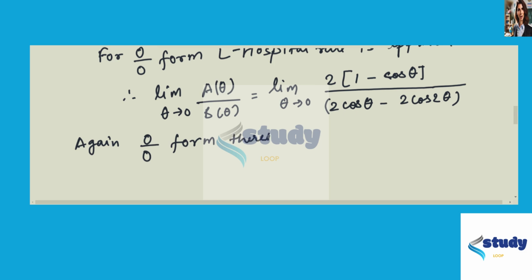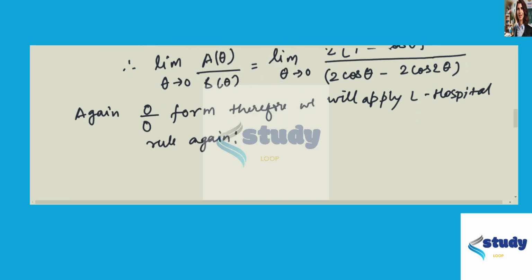Therefore we will apply L'Hospital rule again, right? This is very simple. However many times it may be, whenever 0 by 0 form or infinity by infinity form comes, we have to apply L'Hospital rule.